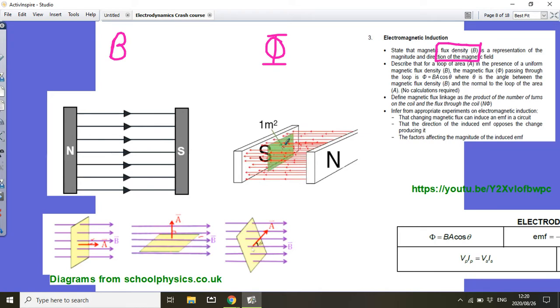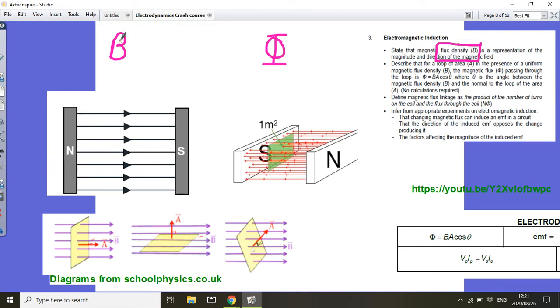Imagine this little green block moving in the area between the North and the South Pole. The number of lines, because they are evenly spread in a uniform field, passing through that green area would not change. So the magnetic flux density between these two poles does not change because it is a uniform field.